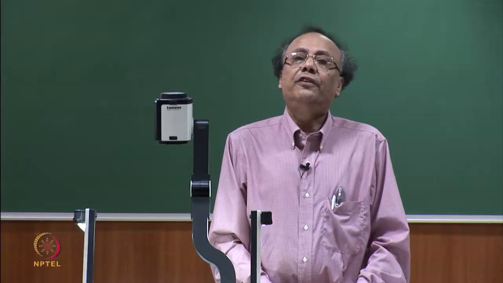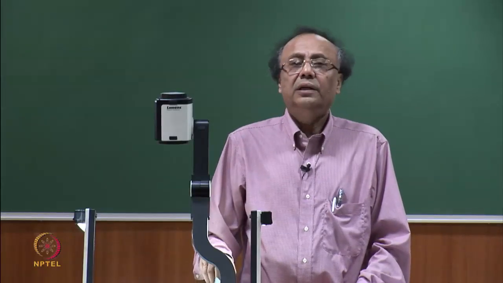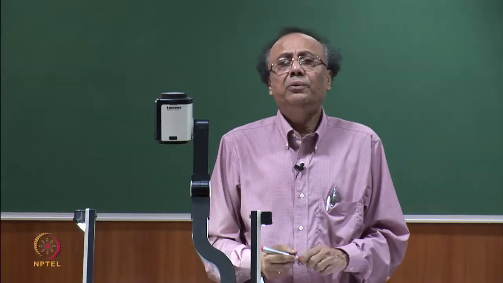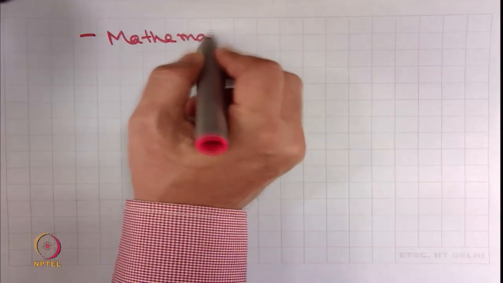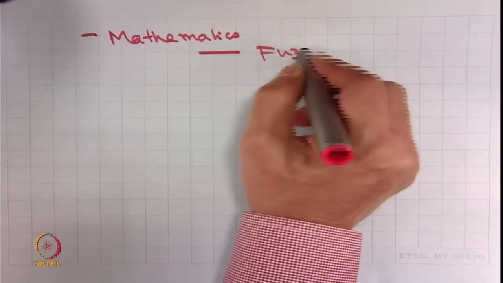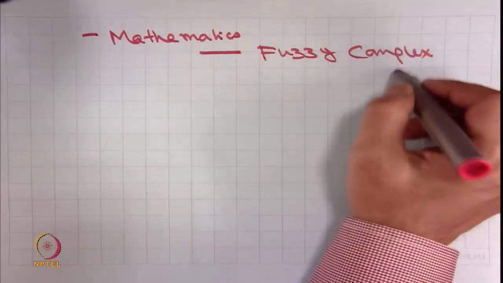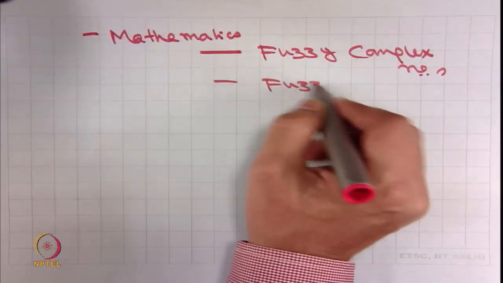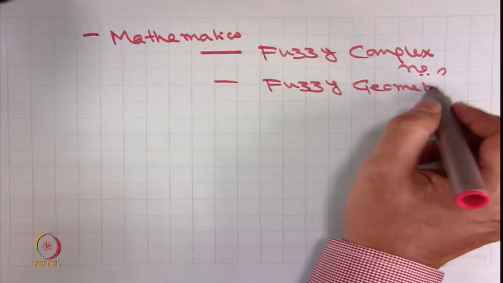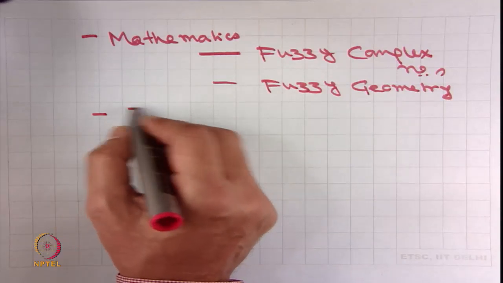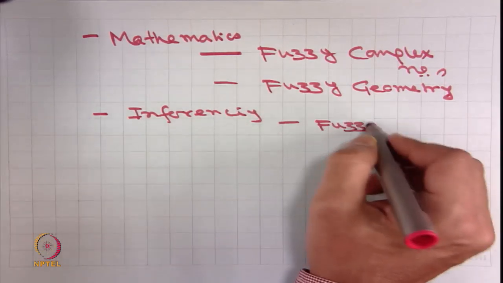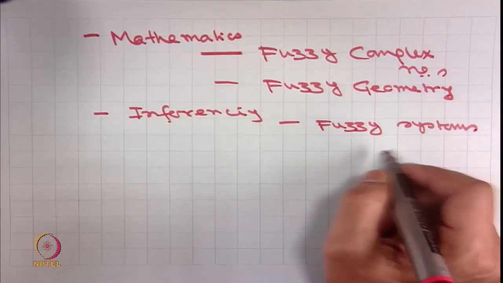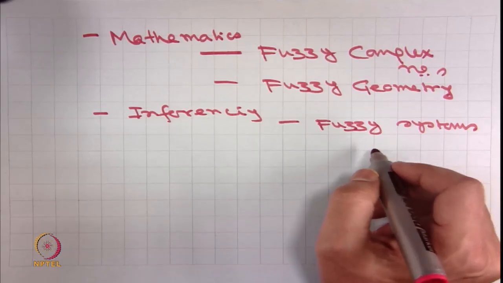So, over the last 50 years or so, the theory has been extended and many new concepts have come that I could not touch in the very introductory class, namely say in mathematics, people are talking about fuzzy complex numbers, fuzzy geometry, people also talk about inferencing, fuzzy systems, there are many other methods of inferencing other than Mamdani.